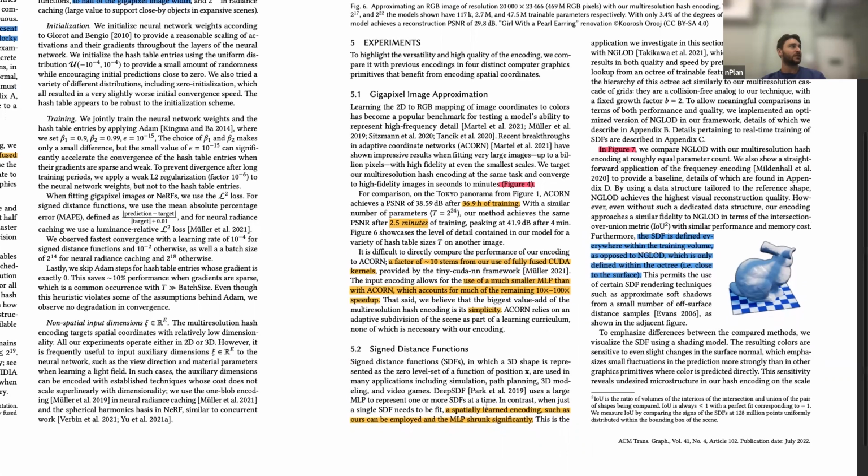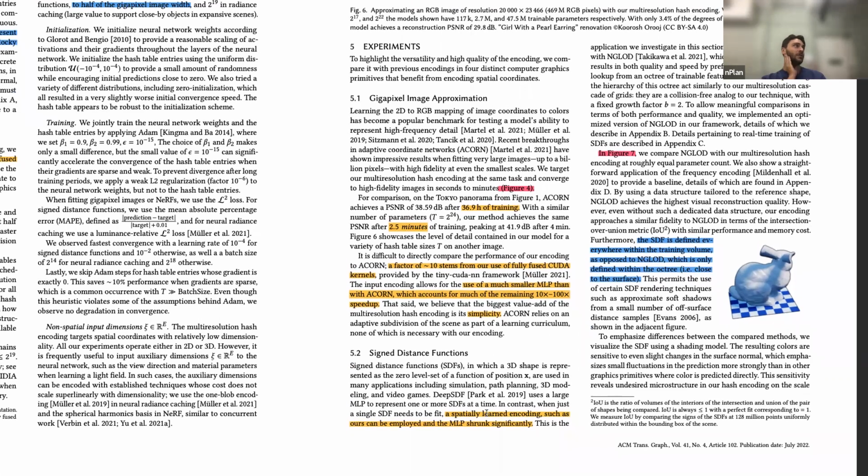For signed distance functions, for anyone who doesn't know what signed distance functions are, you give a position in 3D space or 2D space, or I guess you could even do 4D space, or any D space. And then it's going to output either a -1, a 0, or a 1. -1 means that the point is outside of the object. 0 means that the point is on the surface of the object.